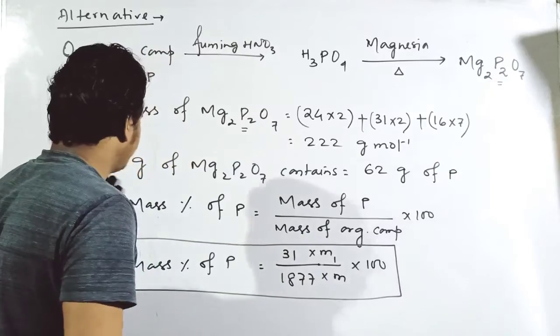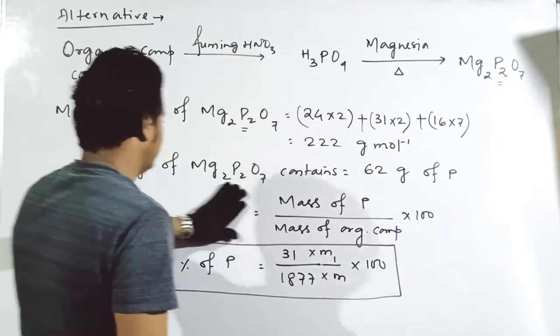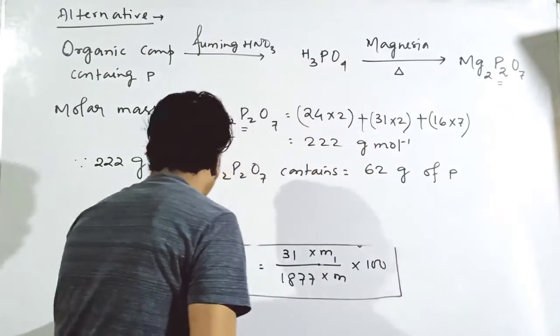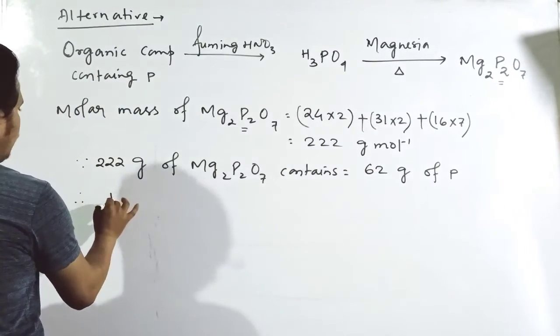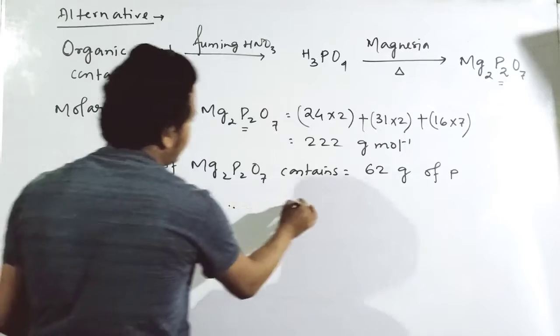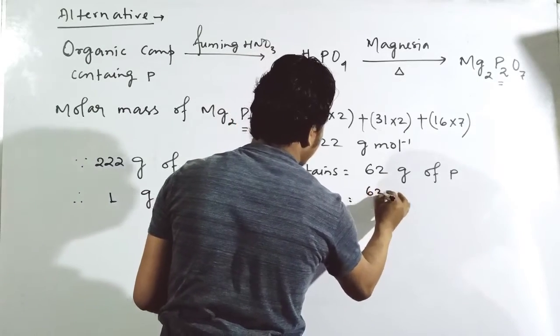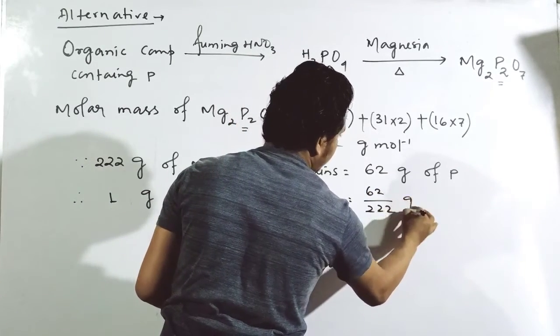Therefore, 1 gram of this contains 62 by 222.